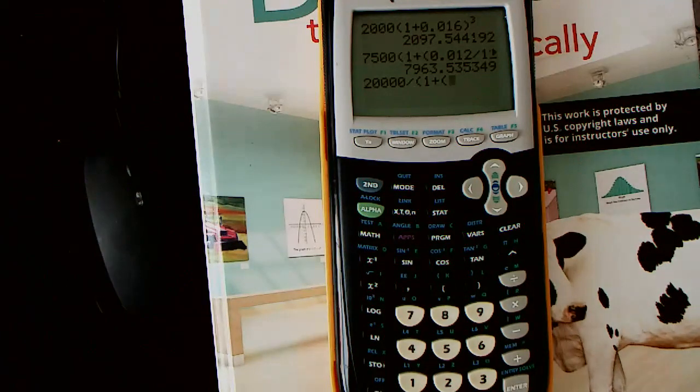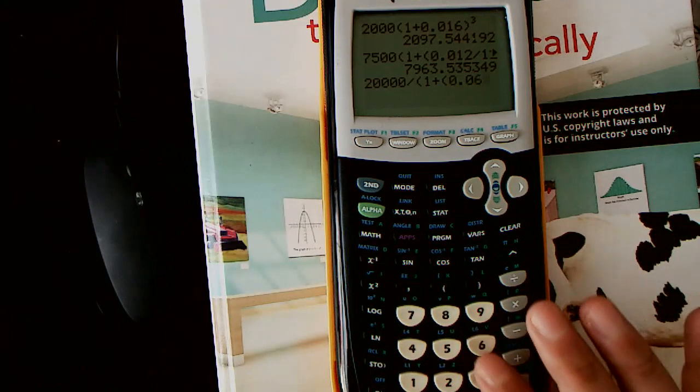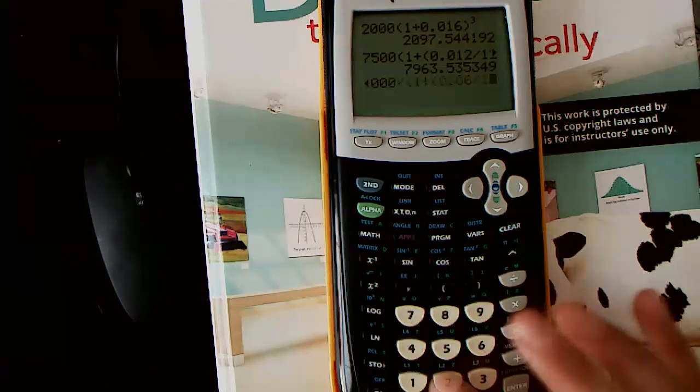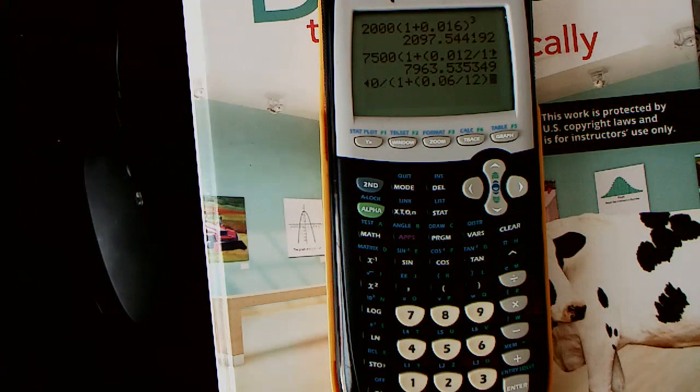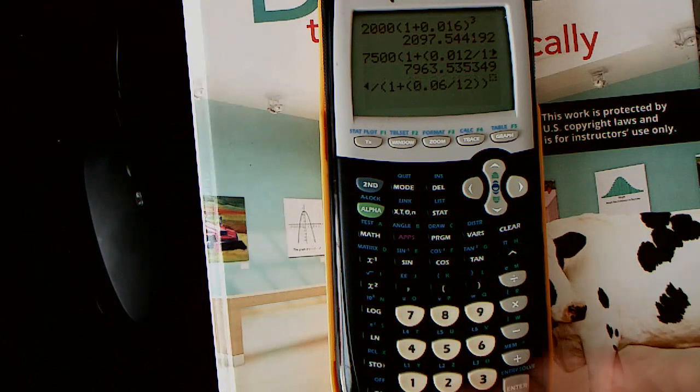What is the monthly interest? 0.06 divided by 12. And close the monthly interest rate. And then close the discounting factor, and raise the discounting factor to the power of 60.